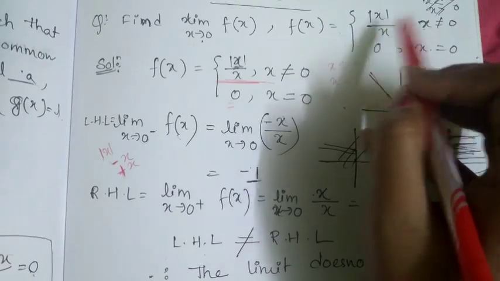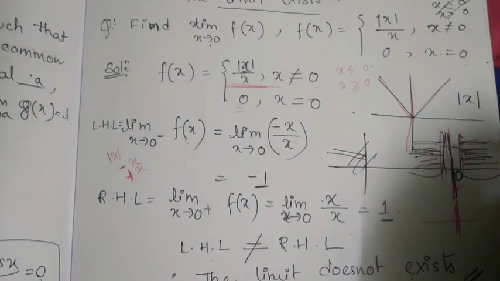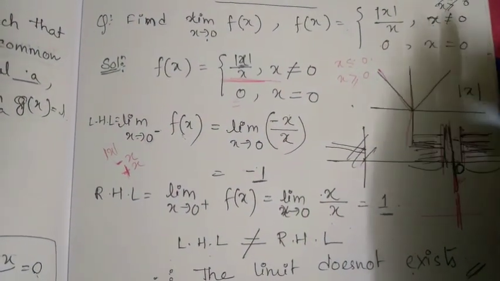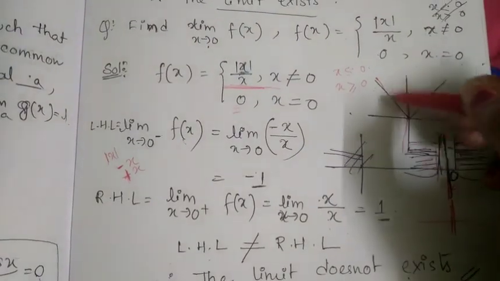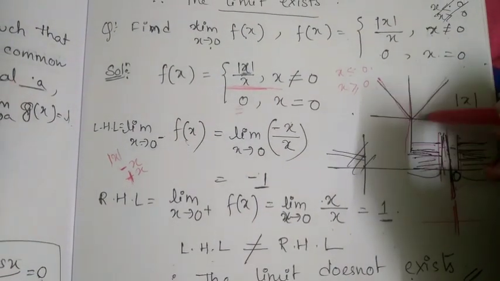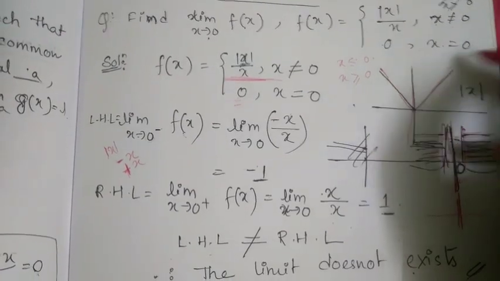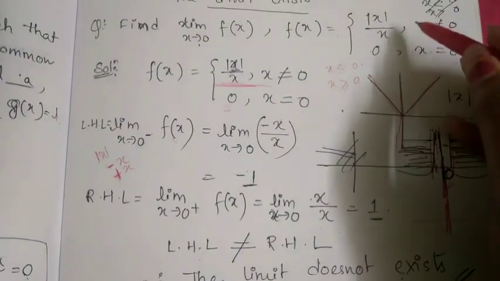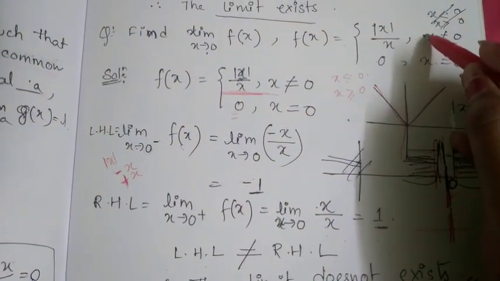Now, do you know the graph for mod x? First tell me. Okay, so if you don't know, see here. This is the graph of mod x. It is in the form of a V shape.